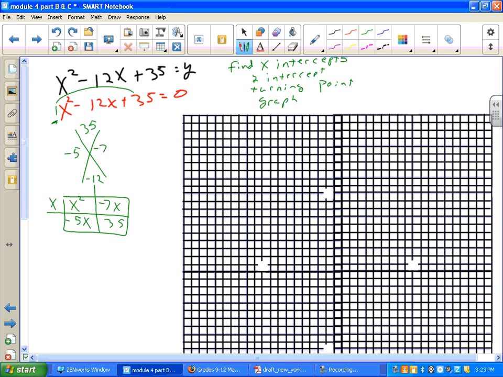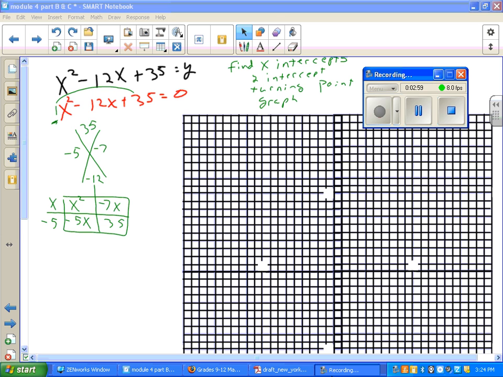Here, x, greatest common factor between x squared and negative 7x. Greatest common factor between negative 5 and 35. I'm going to put negative 5. The reason I'm putting negative there is that whatever leading sign that is, we want that to be this sign right here.